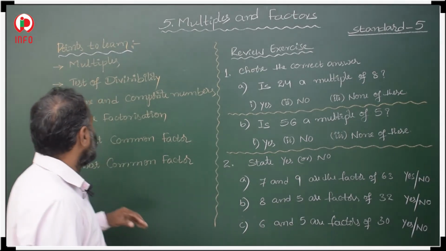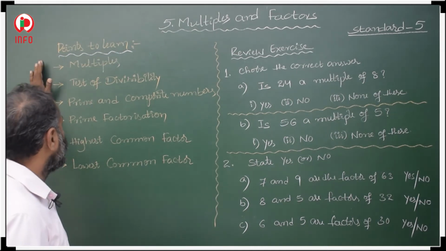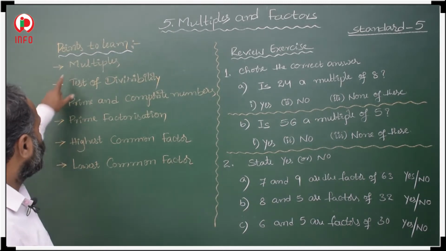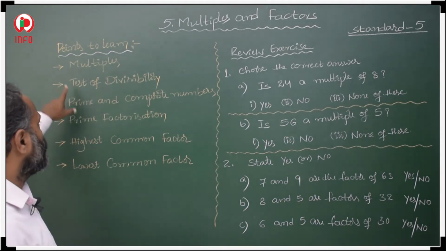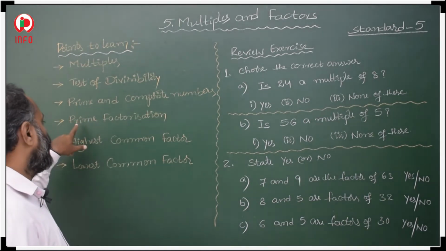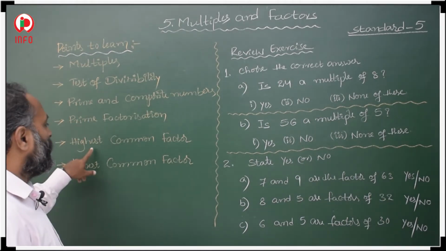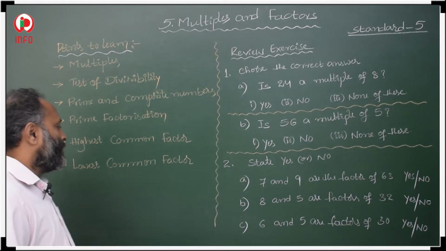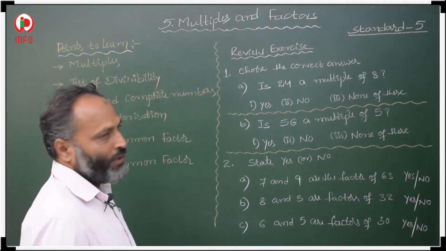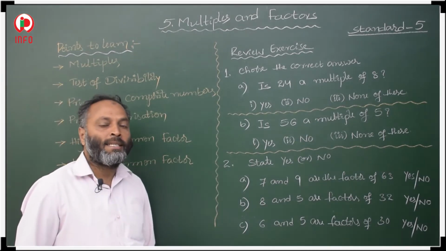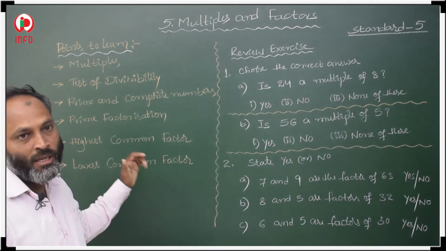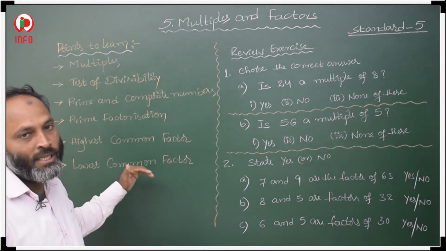So these total 6 points we are going to discuss: multiples and test of divisibility, prime and composite numbers, prime factorization, highest common factor and lowest common multiple. So total 6 concepts we are going to discuss in this chapter.